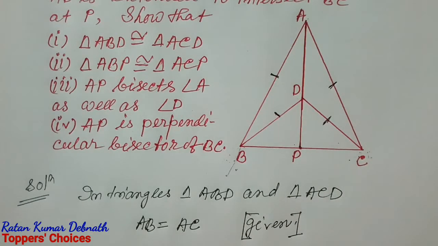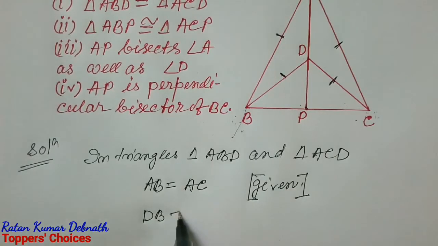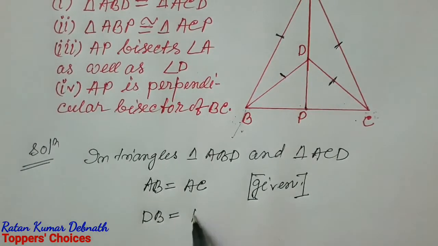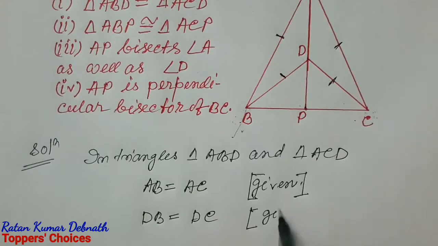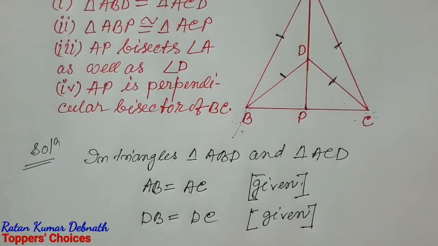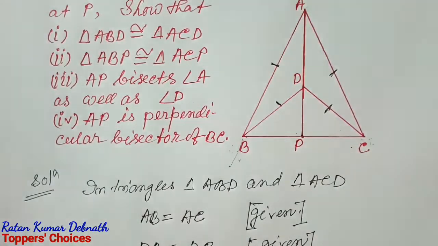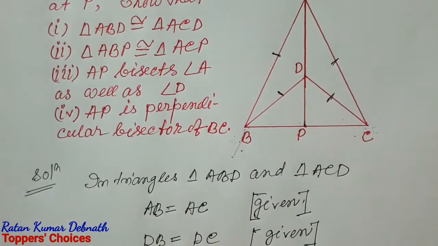Number 2, DB equals to DC, given, and AD is the common line.